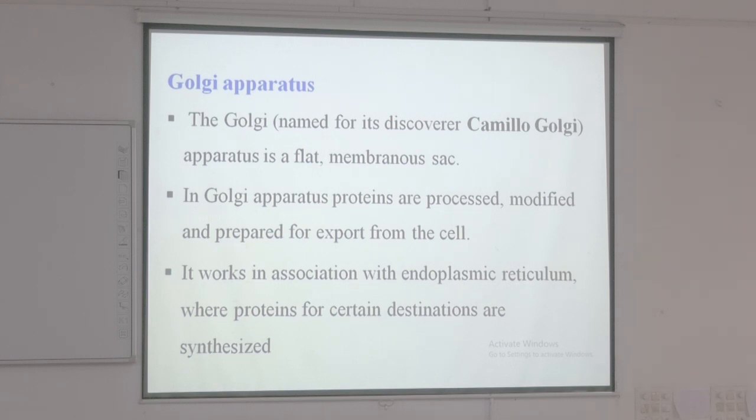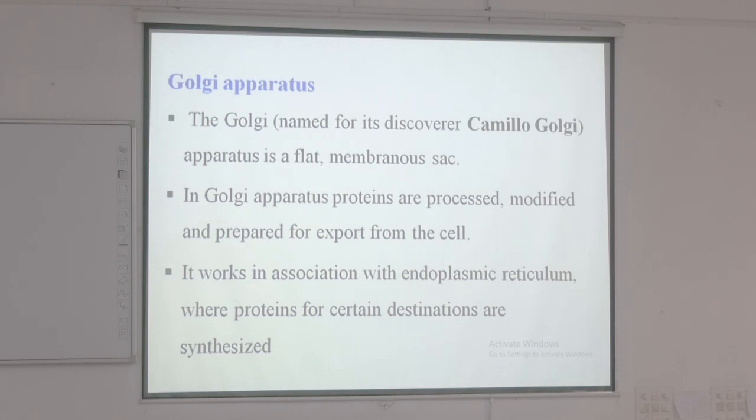Okay, if the question is asked, write about Golgi bodies. It is for protein sorting, protein synthesizing, and after the modification of the central dogma process. It works in association with the endoplasmic reticulum, where proteins for certain destinations are synthesized. That means which types of proteins are synthesized, because our body wants regular proteins for growth and for function of the body.